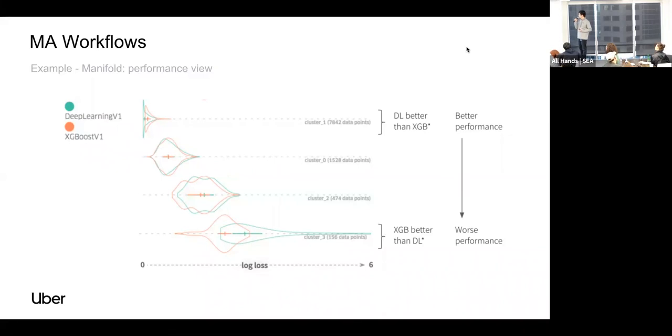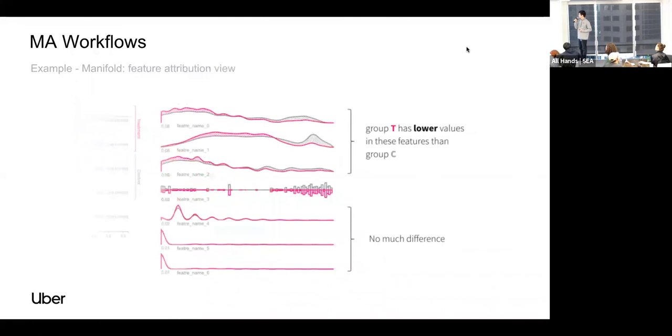And if you want to figure out why, for some data segments, one model is better than the other, you go down to this figure, which is the feature attribution view. You select those data segments of interest, and then compare the feature distribution differences for the corresponding data segments. In this case, I think we selected two data segments for comparison.